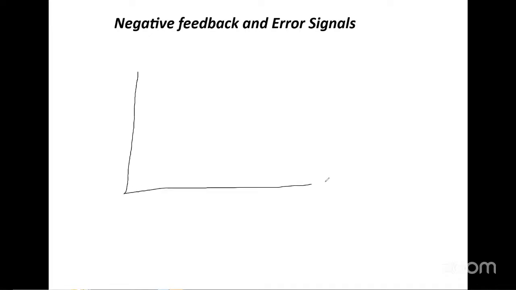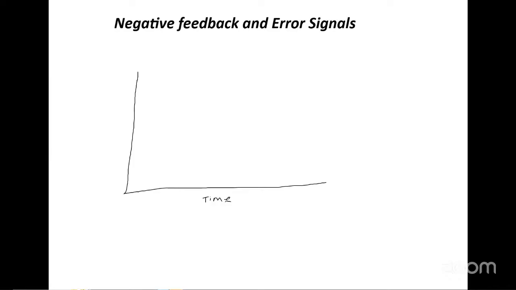Okay. So when we think about negative feedback, if we wanted to graph it, we're going to have an X and Y axis, right? On that X-axis, we're going to be looking at time, because homeostasis is about maintaining variables over time, right?